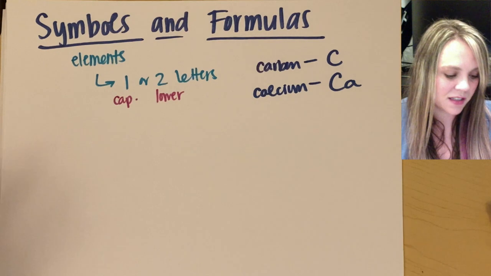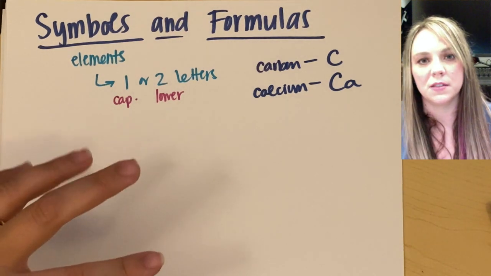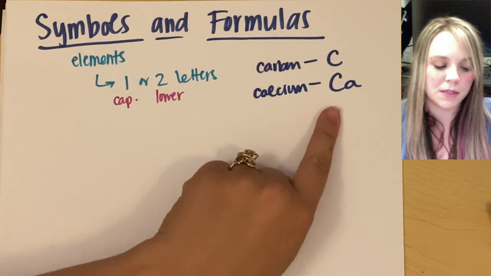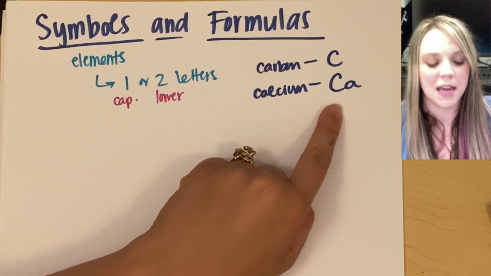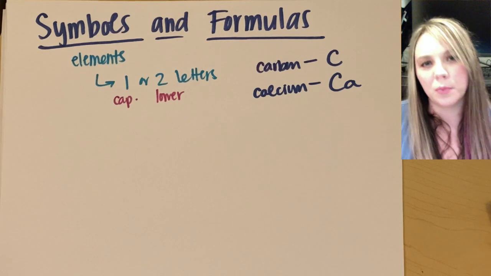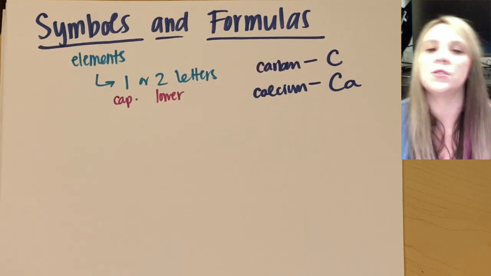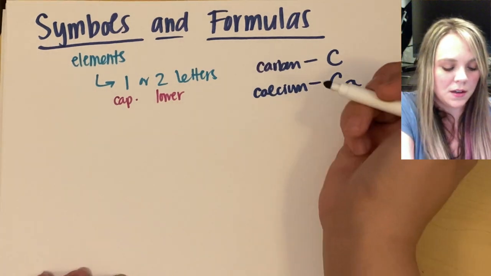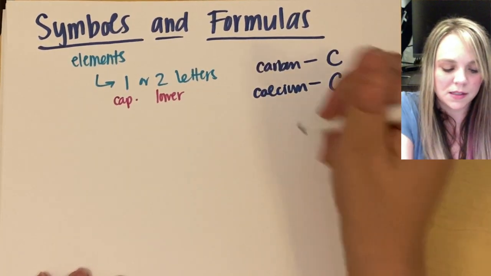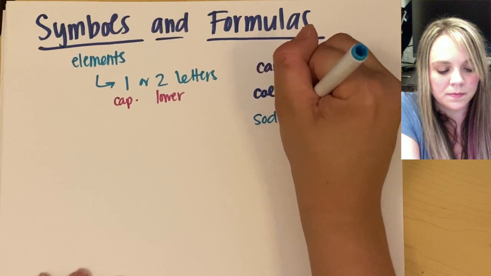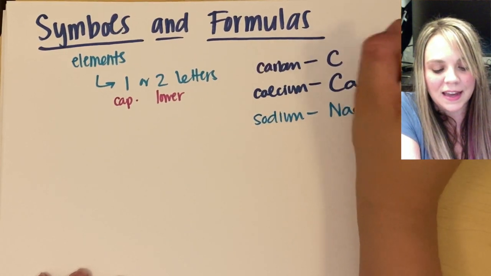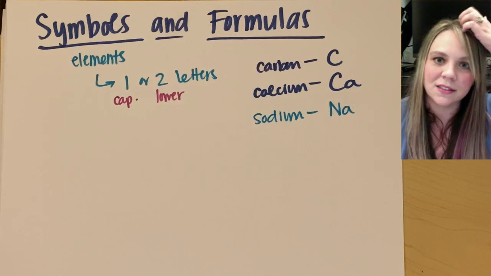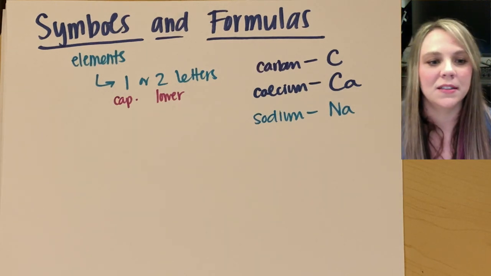I guess fun fact, for most elements their symbols are from their English names, like this makes sense. Calcium is Ca, carbon is C. There are a couple of weird ones, I think 11 of them, that do not have English name abbreviations. The most common one that's missed is sodium, which is Na, from its Latin name, natrium, right?